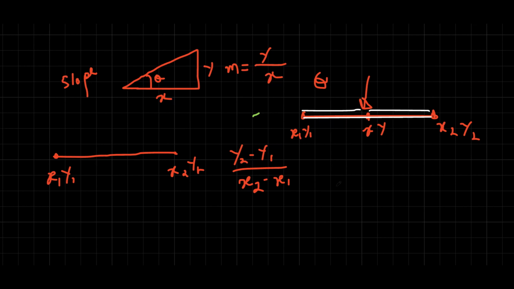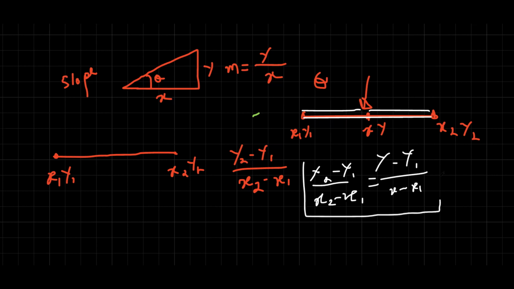Now, the equation will be (y2 minus y1) divided by (x2 minus x1) is equal to (y minus y1) divided by (x minus x1). And if this holds, that means we can say that the point x, y lies on the line through x1, y1 and x2, y2.